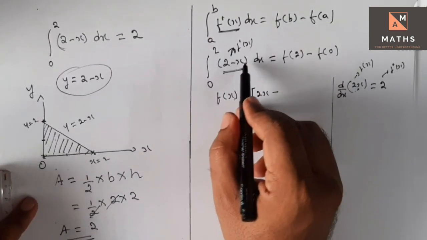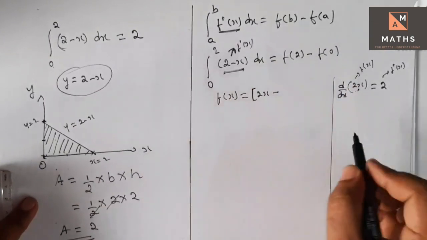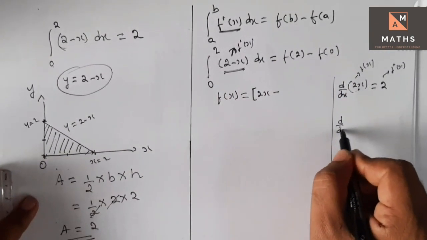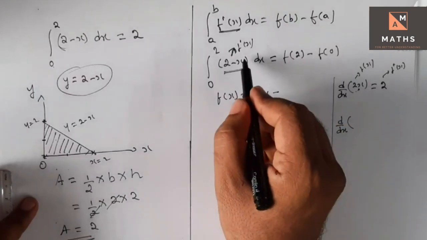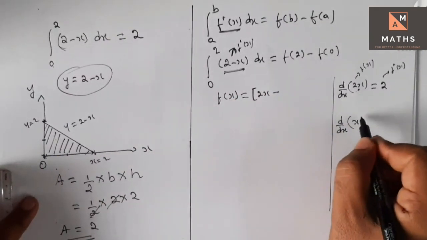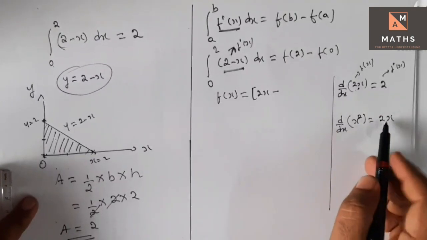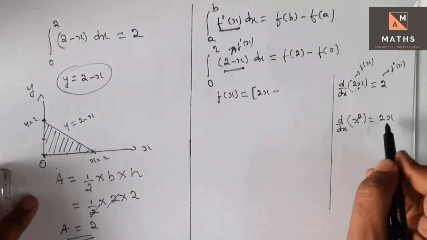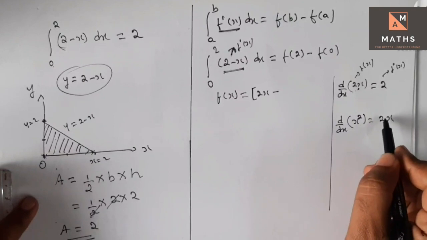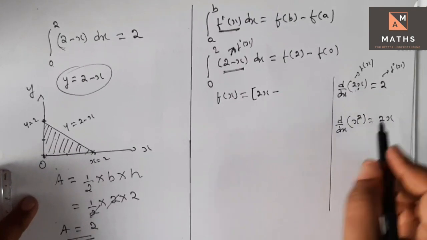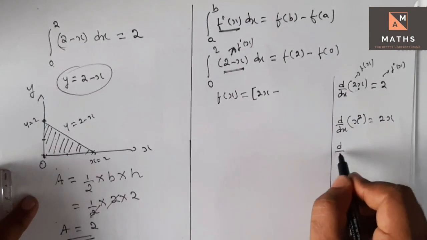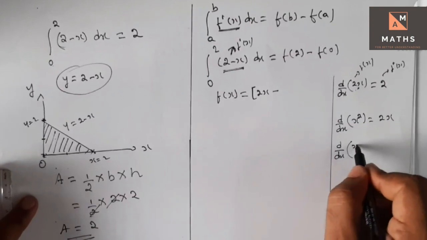then here x we have. What is the integration of x? Integration of x means which function, if you differentiate, we are going to get x. We know that the differentiation of x square is equal to 2x, but here we want only x, we don't want 2x. So here we have to cancel this 2. To cancel this 2 we have to differentiate x square by 2.